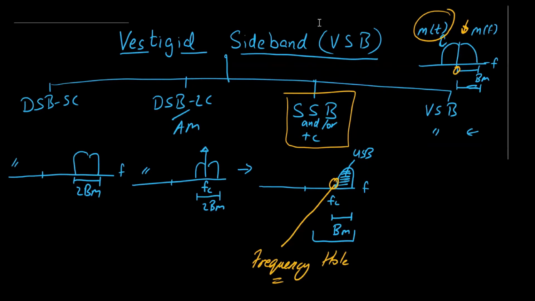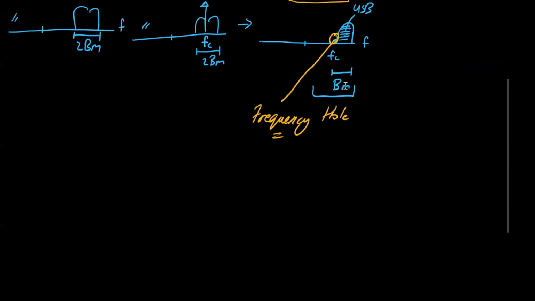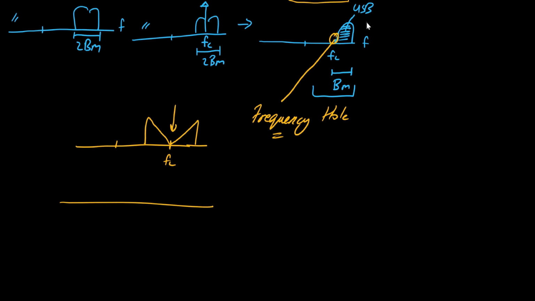It's not very efficient. The reason is that if we have this kind of structure after modulation, at fc we have very little power. But if we have something like this, a large amount of power is actually available at fc.